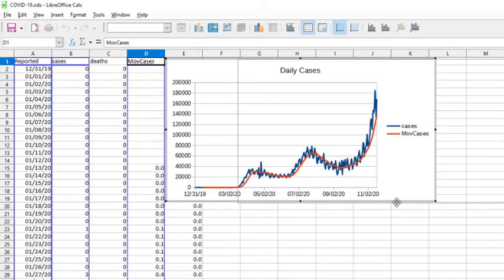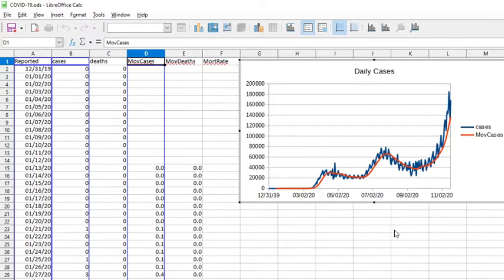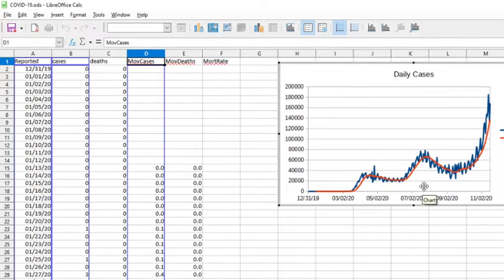Now you have the daily numbers, the blue line being the 14-day moving average.